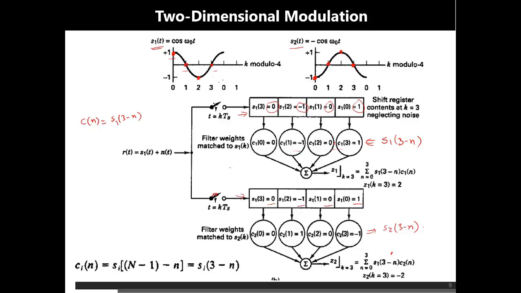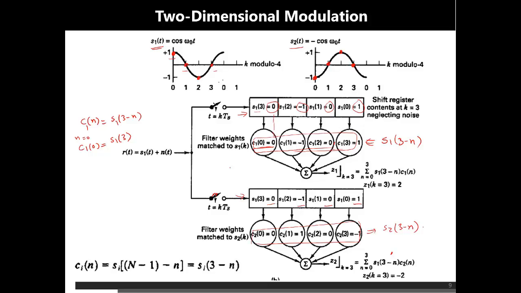Let's say we are talking about S1. For n equal to 0, C1 of 0 will be equal to S1 of 3. S1 of 3 was 0, so this 0 is here. Similarly, you can compute all the values by putting in the values of n, and you fill out all these coefficients by using S1 over here and by using S2 over here.